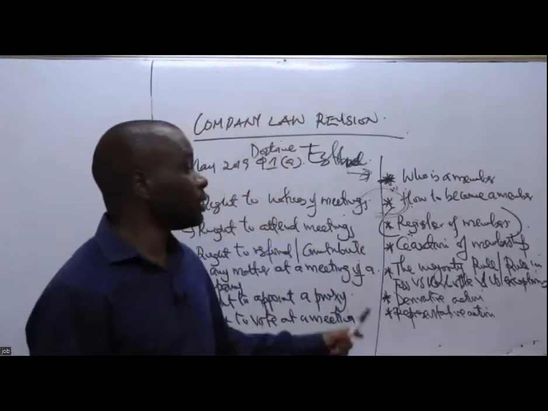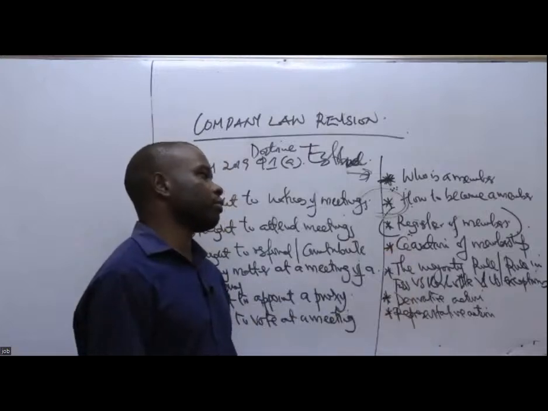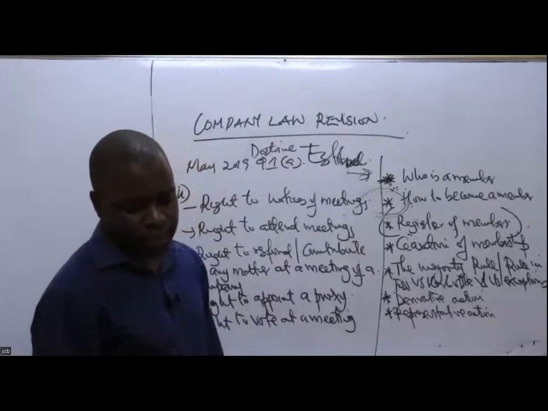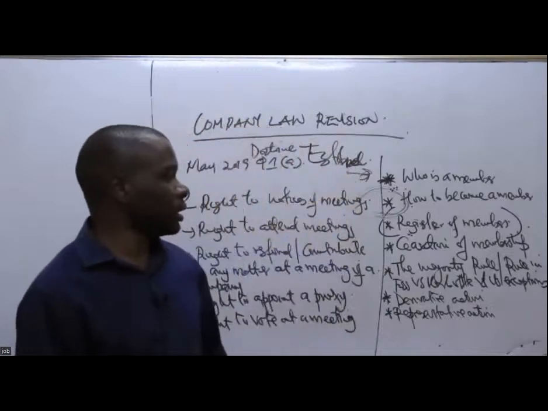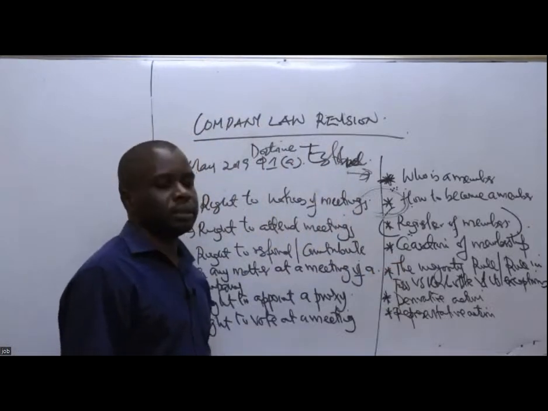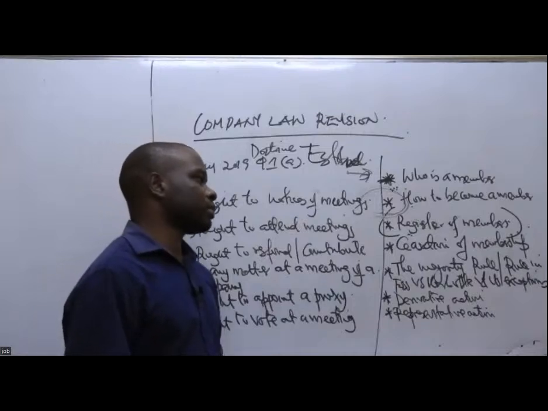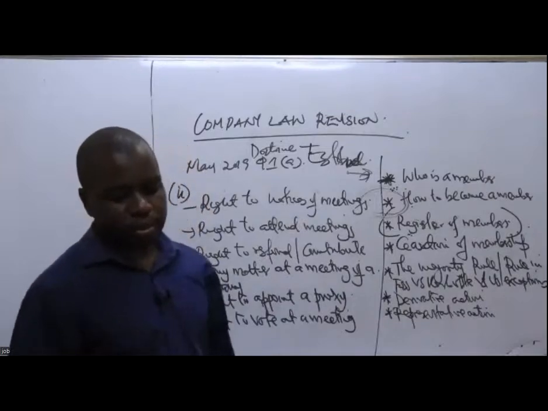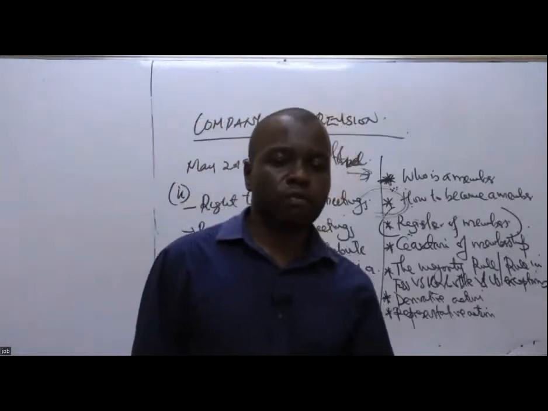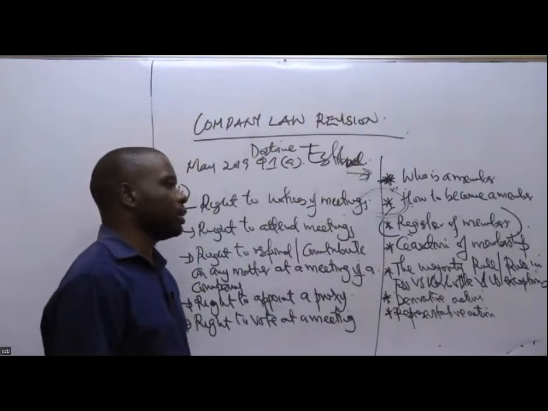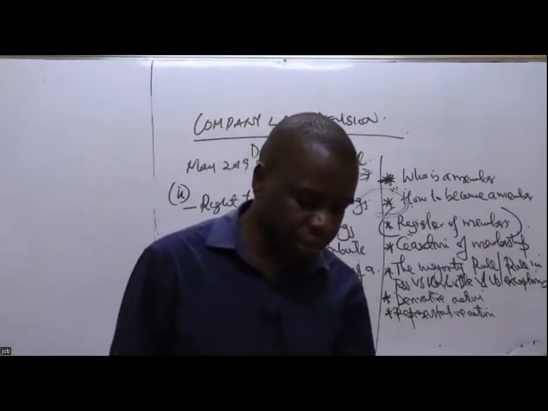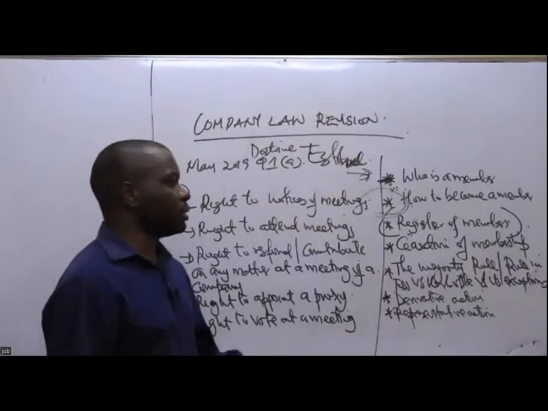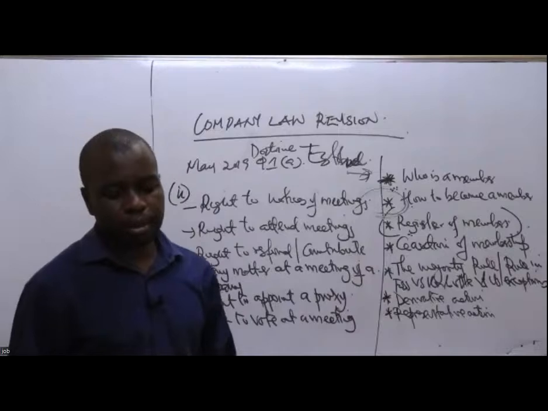It will also contain the date when that particular person became a member. Also, number 3, the date of cessation of membership. Then if you are a member of the company and you have some shares, it will indicate, besides your name, the number of shares allocated to you as a member of the company.